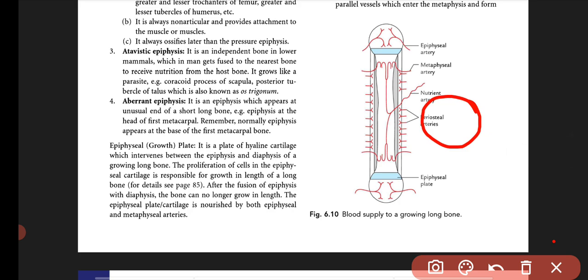What is the epiphyseal plate or growth plate? It is a plate of hyaline cartilage which intervenes between the epiphysis and the diaphysis. Diaphysis is the middle portion or shaft of a growing long bone. The proliferation of cells in the epiphyseal cartilage is responsible for growth in length of a long bone.